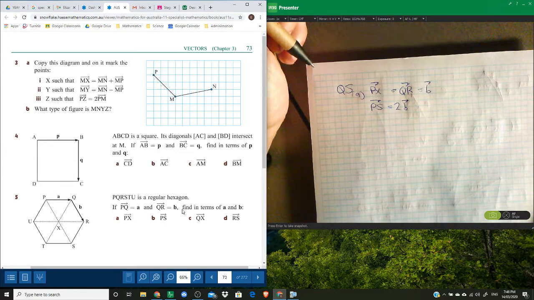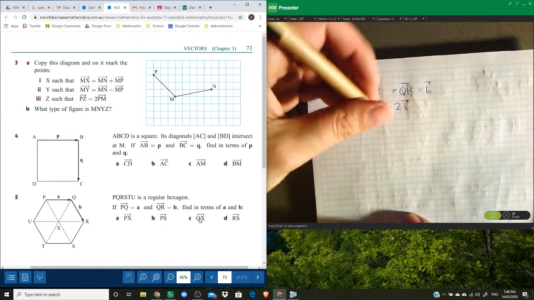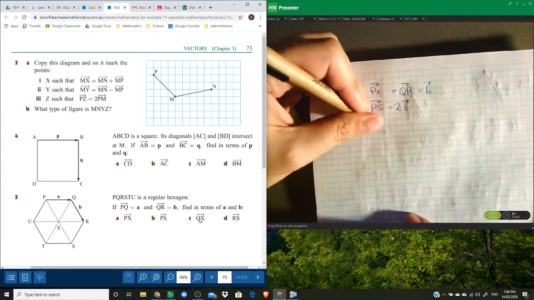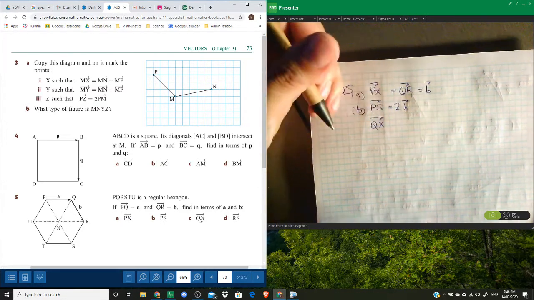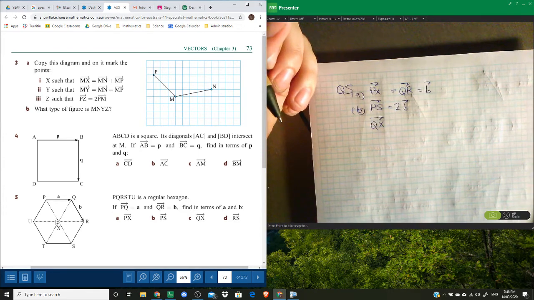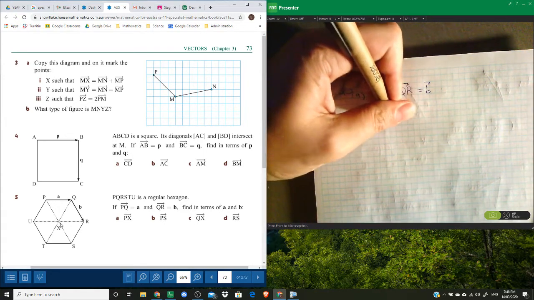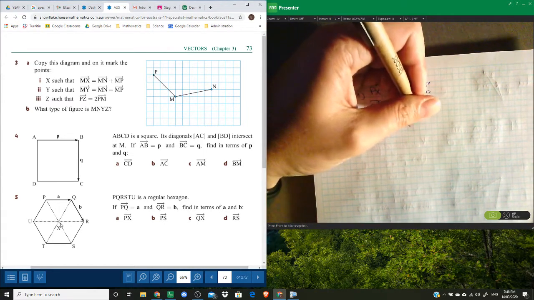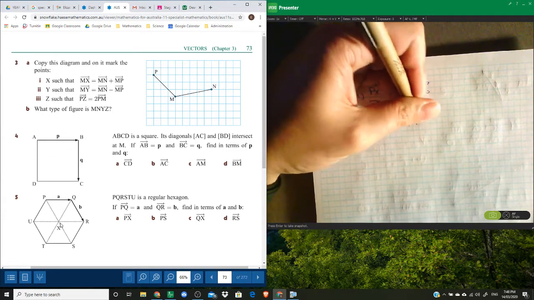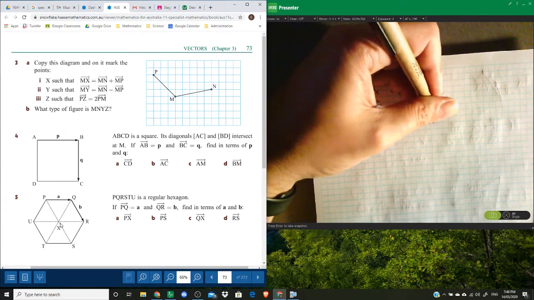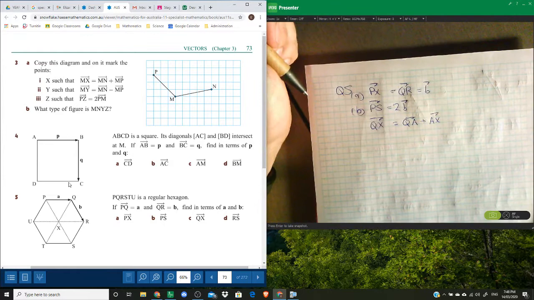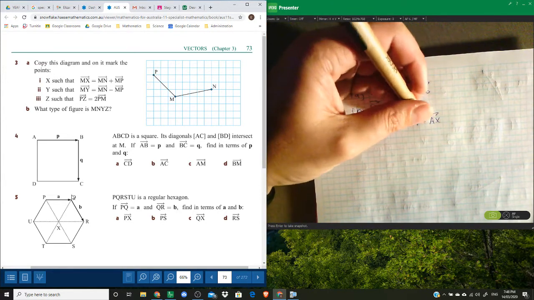So as such, we get QX. Q to X. Now this one we'd actually have to find a path to get there. So Q to X could be written as Q to A, then A to X. Sorry, what am I doing?